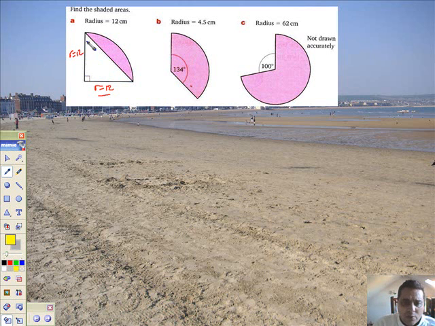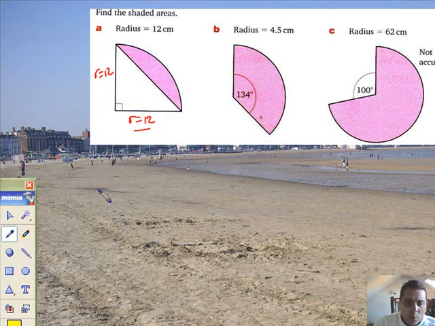So we've got a quarter of a circle, just accept that. So we can have a quarter times pi, 3.14, times radius squared. Let's get a sub answer: 0.25 times 3.14 times 144, well that's 12 squared.